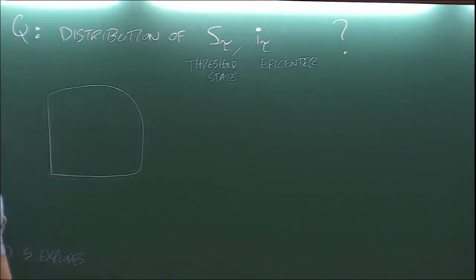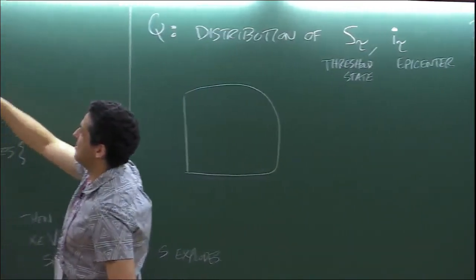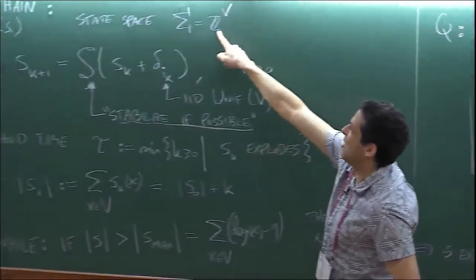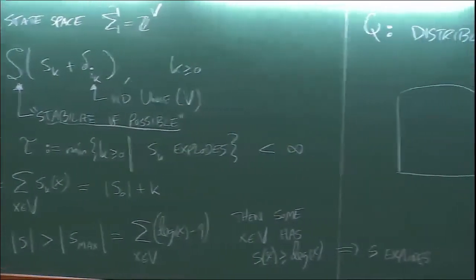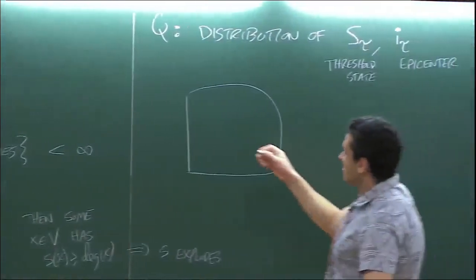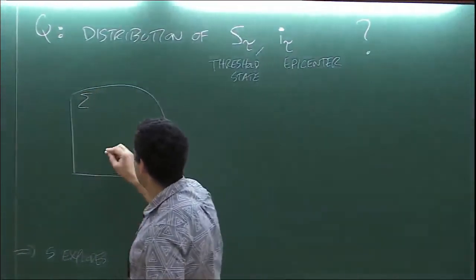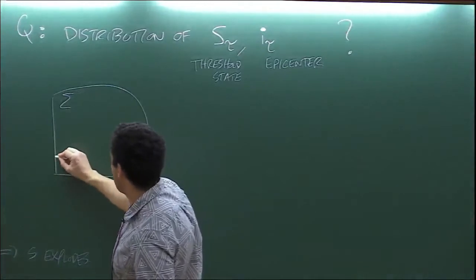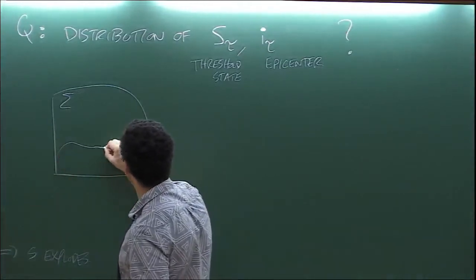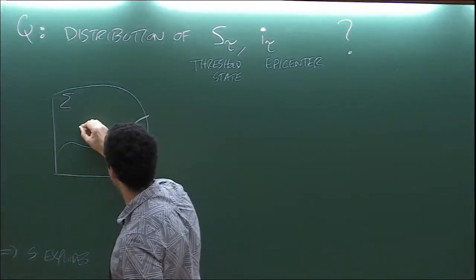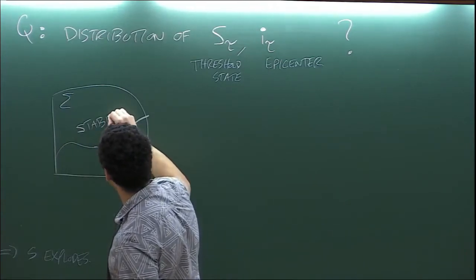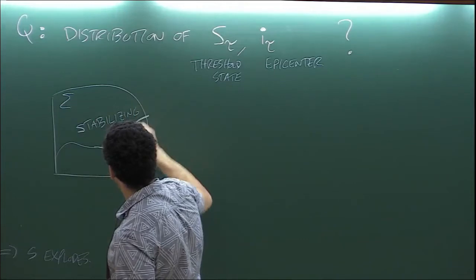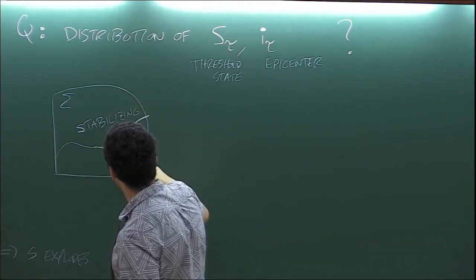This state space is infinite, but you could reduce it to a finite state space pretty easily by not allowing negative chip counts and not allowing very large chip counts. And so you have the state space, and then some of your sandpiles stabilize and other ones don't. You kind of have it partitioned. So here are the ones that stabilize, and here are the ones that explode.